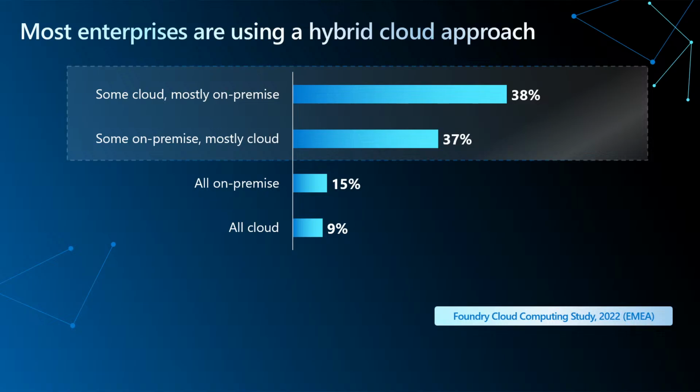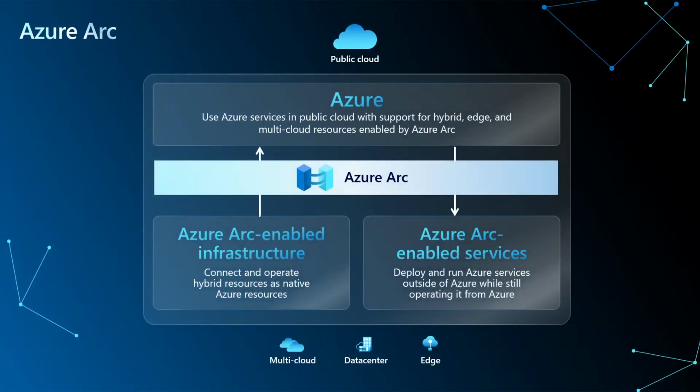Ultimately, the principles that Azure was formed on are flexibility and choice, allowing customers to use whatever they want, whether that be inside Azure, hybrid, multi-cloud, or a combination of all of those. And this is really where Azure Arc came about.